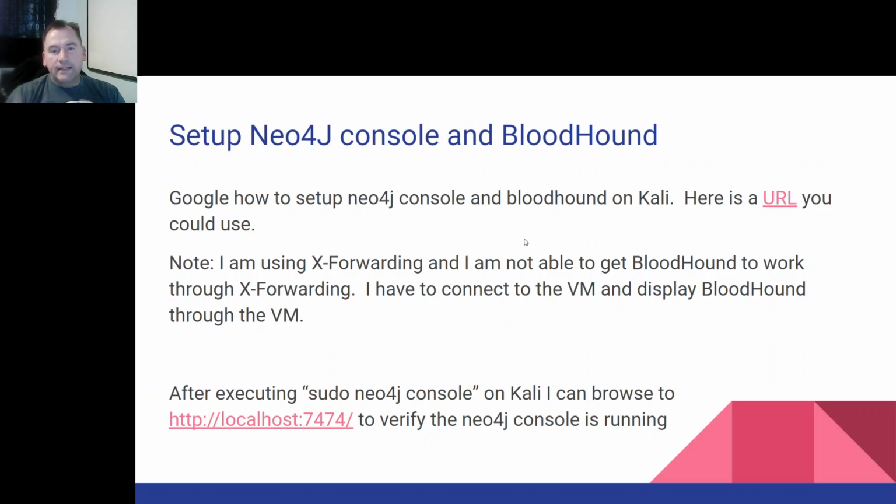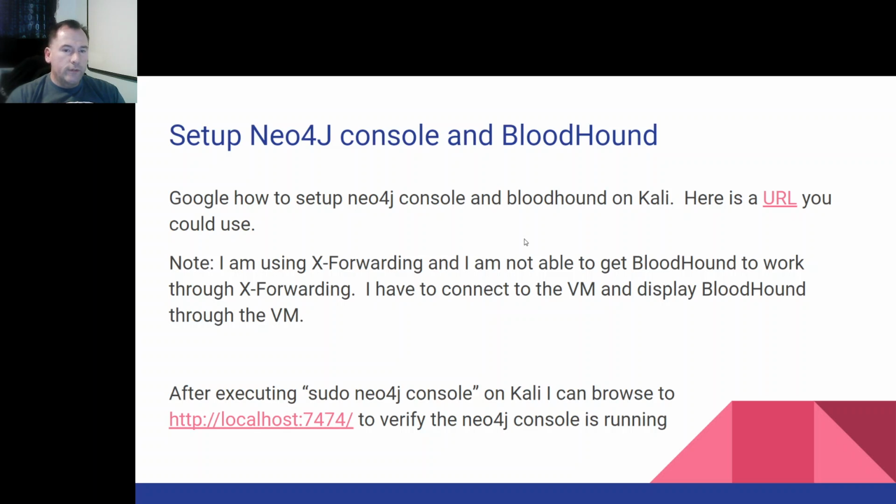I'm not going to take the time to explain how to set up the Neo4j console in BloodHound. I have provided a URL that you could use to set it up. In my setup, I have MobaXterm running with Kali. I'm connected to a Kali VM through that interface.